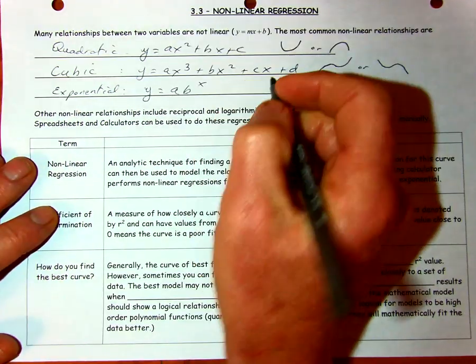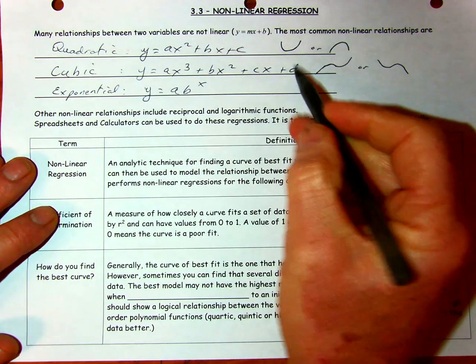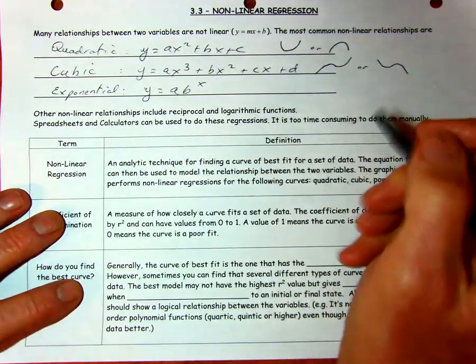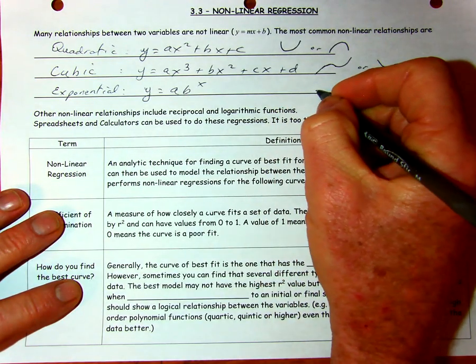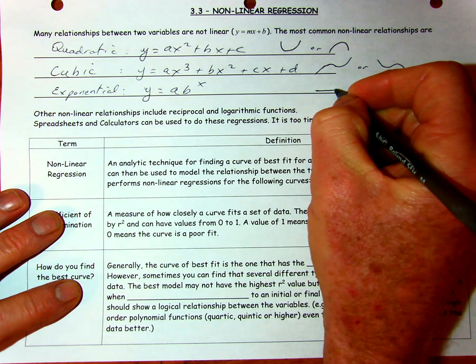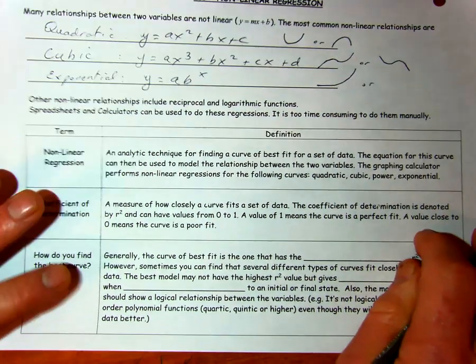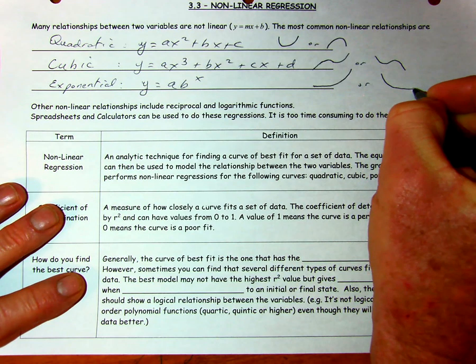You could have a c, but generally speaking, regressions don't have the c in it. It could be a constant, just like we have a constant here and here, but when you do the regression, for some reason, it doesn't include the c, so we'll just leave it off. And what does an exponential function look like? Well, there's typically a horizontal asymptote, and it gets steeper and steeper. Or it could be the other way around, going towards the horizontal asymptote.